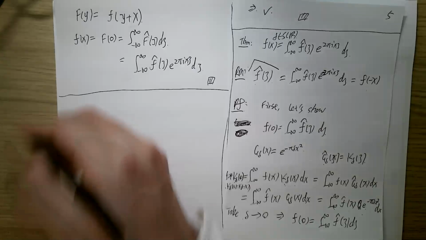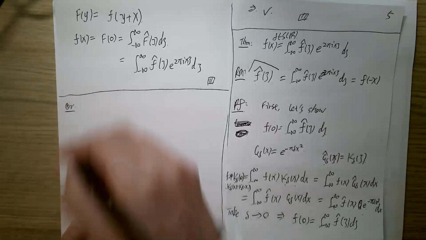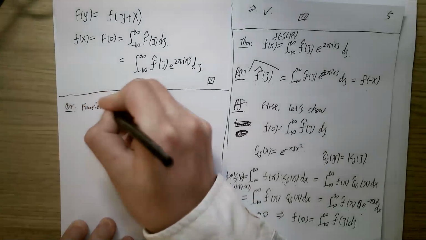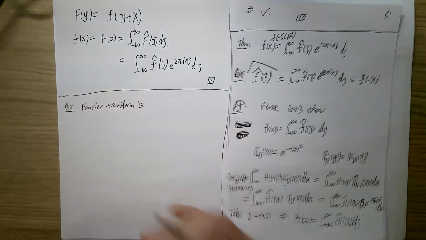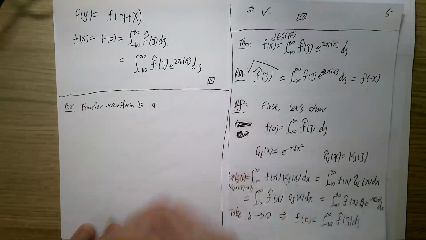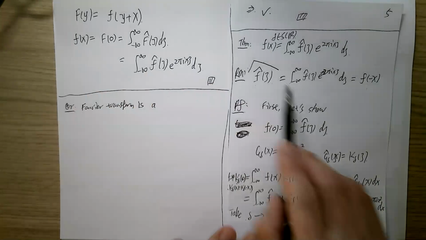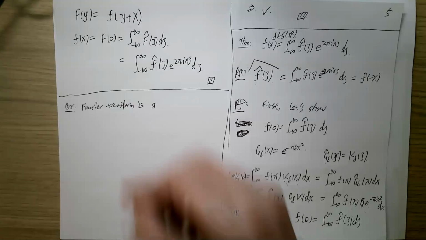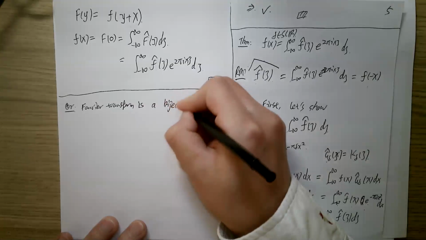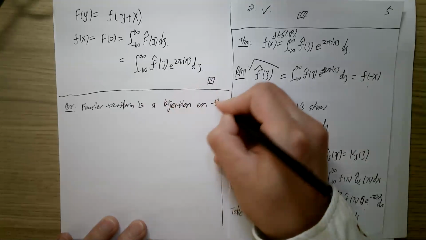So now the corollary is that the Fourier transform has an inverse. Any function you can take the Fourier transform of, and for any Fourier transform, you can get the function back. And of course, the inverse of the Fourier transform is actually the Fourier transform cubed. So this is actually a bijection on the Schwartz space.